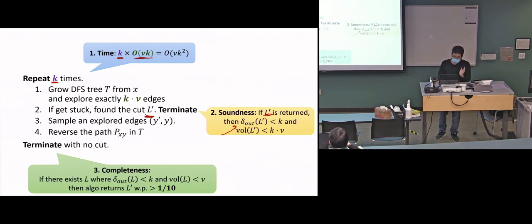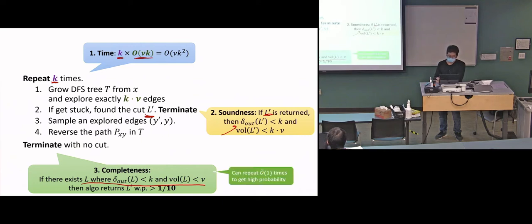And I will also prove that if L exists, then some cut L prime will be returned. Our algorithm will return some cut with some probability. It's constant probability, but you can always boost this just by repeating log n times.